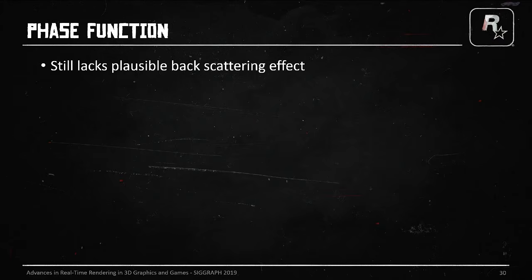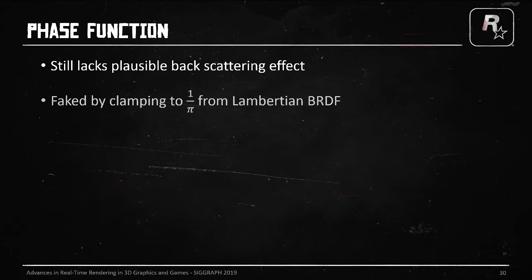Now the HG phase function is still strongly forward scattering oriented, so we are lacking a plausible backscattering effect, especially on more dense material. And we fake that by essentially clamping to the 1/pi term from the Lambertian BRDF.